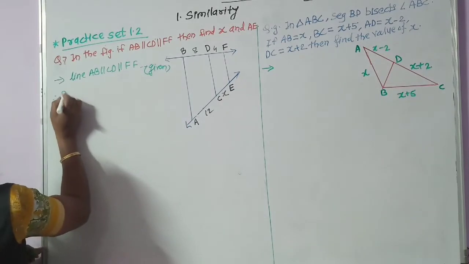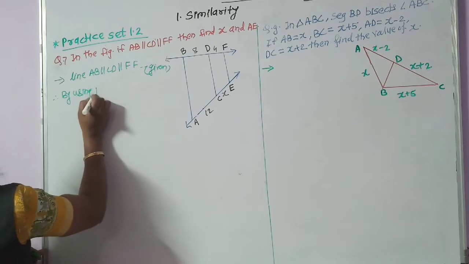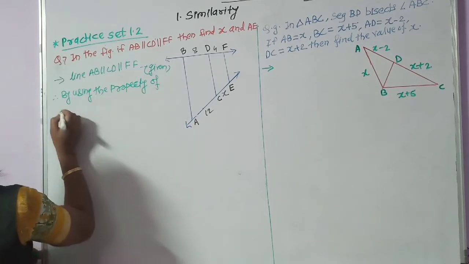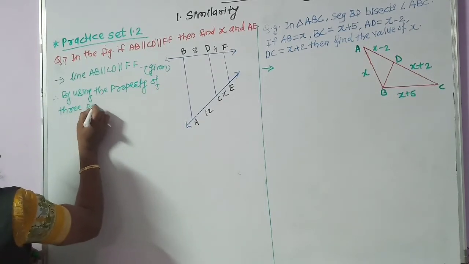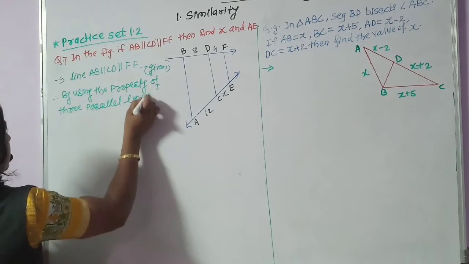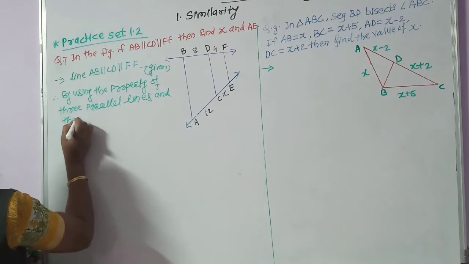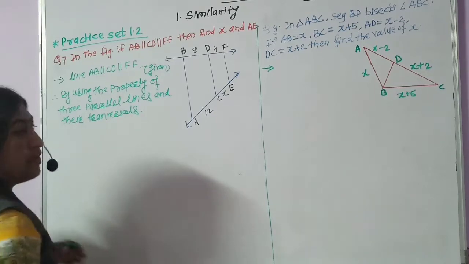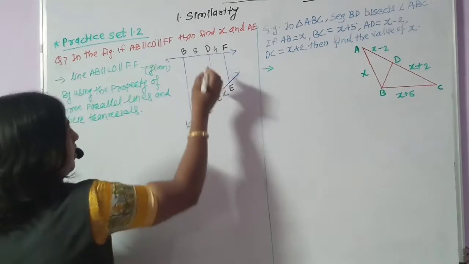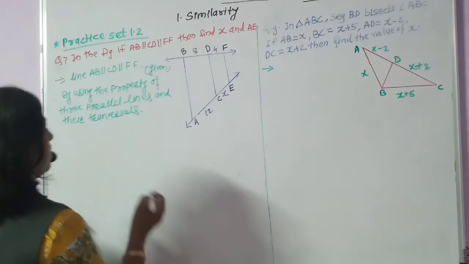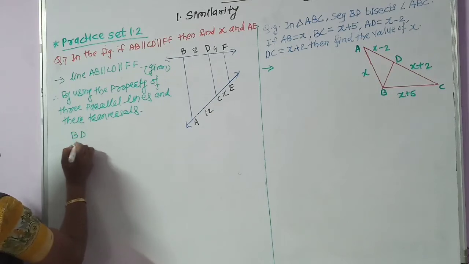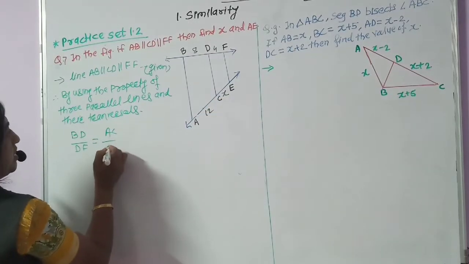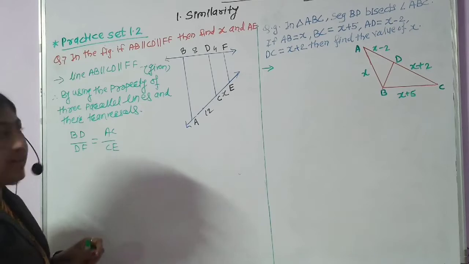So by using the property of three parallel lines and their transversals, we get BD upon DF, which is equal to AC upon CE. Put the given values, we get here.